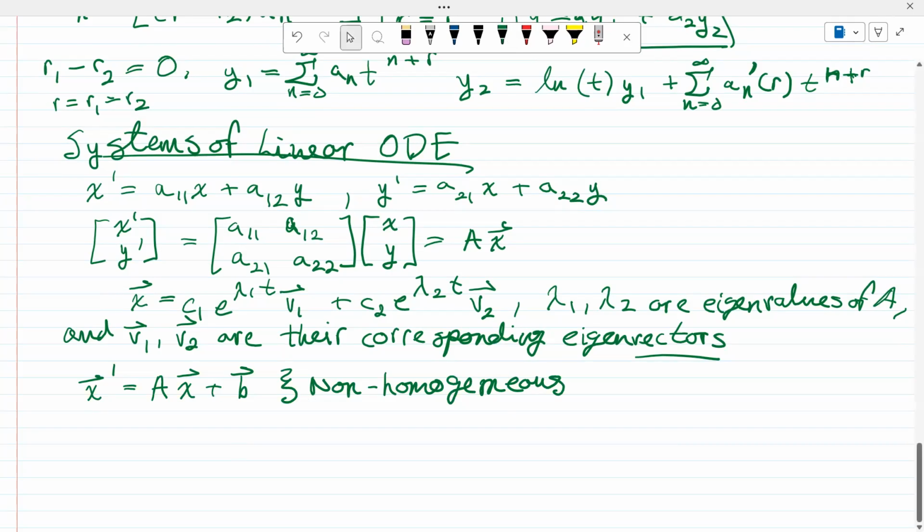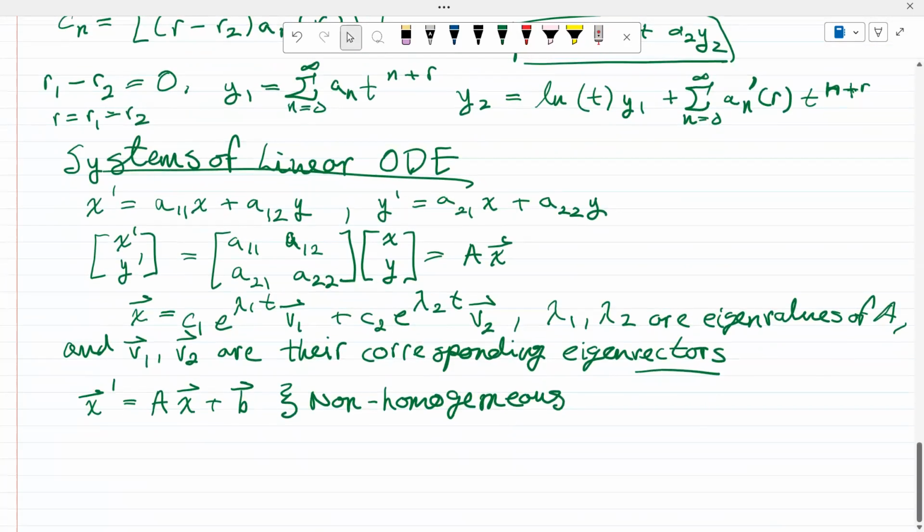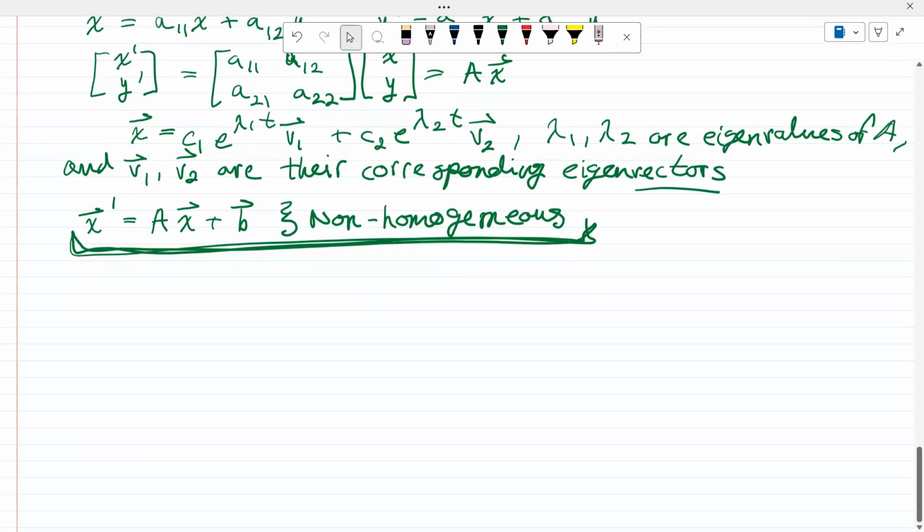And in this case, you have to go through a pretty similar thing as what we did before, finding a general solution, then finding a particular solution, and then adding them together. I will also be going over an example for this.